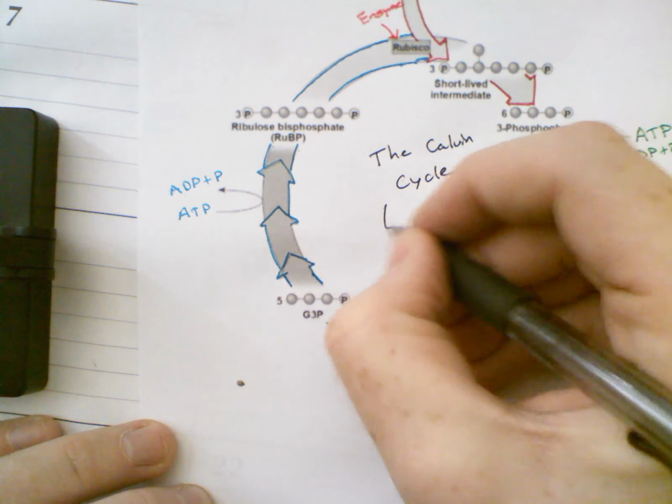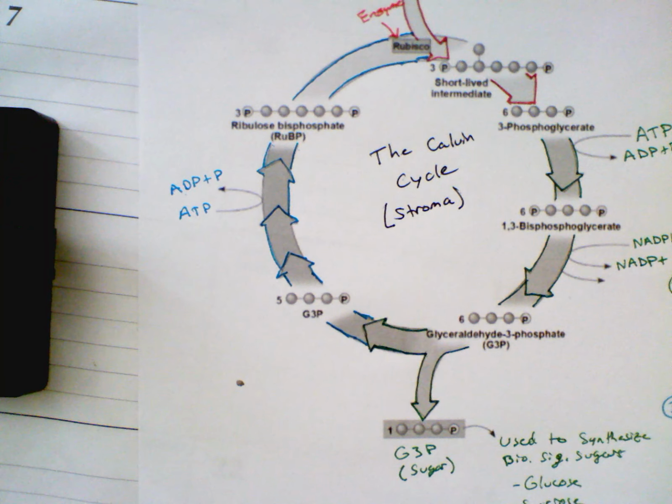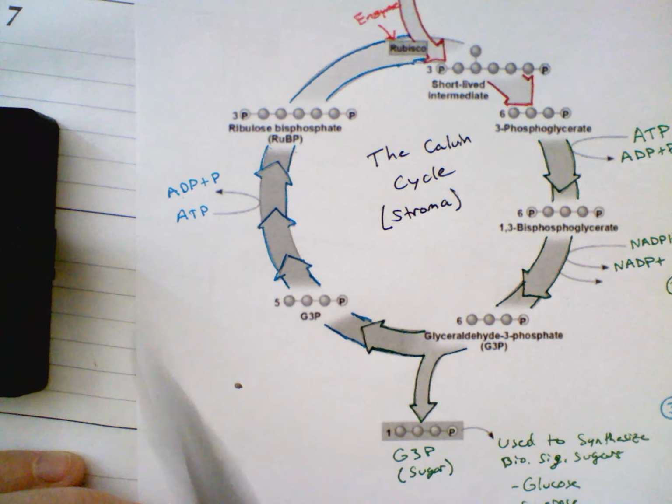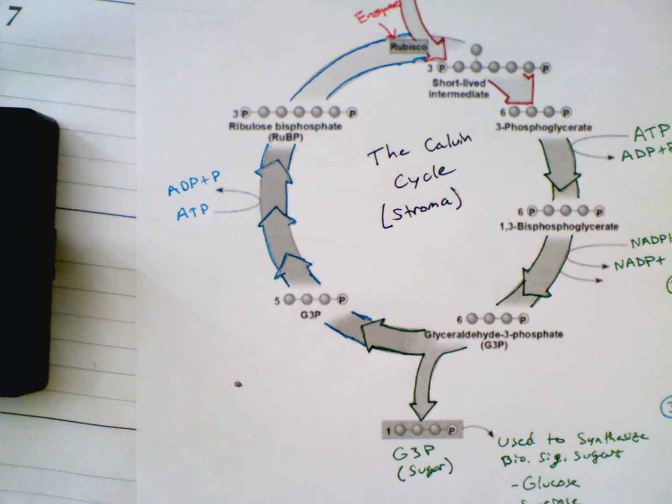And it occurs in the stroma. Also, what else is different between the G3P and the RuBP? It has an extra phosphate group, which came from the ATP. Phosphorylation happened here as well.